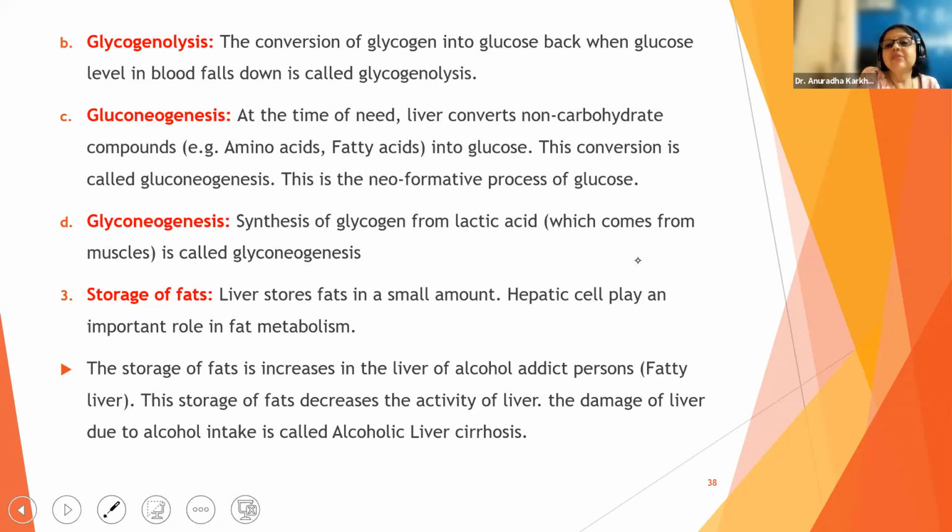But when glucose is synthesized from fatty acids or amino acids, then we call it gluconeogenesis. Okay, so it is going to use the intermediates of the Krebs cycle for forming the glucose molecule. That is the C point.